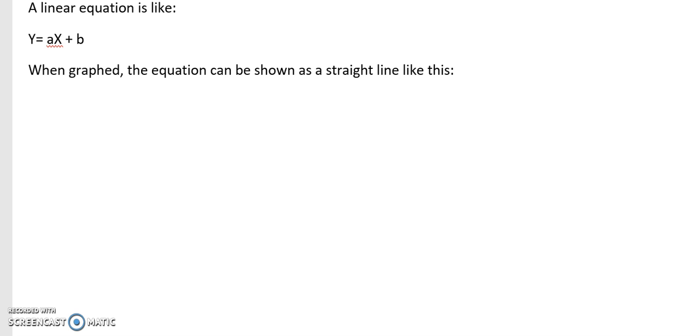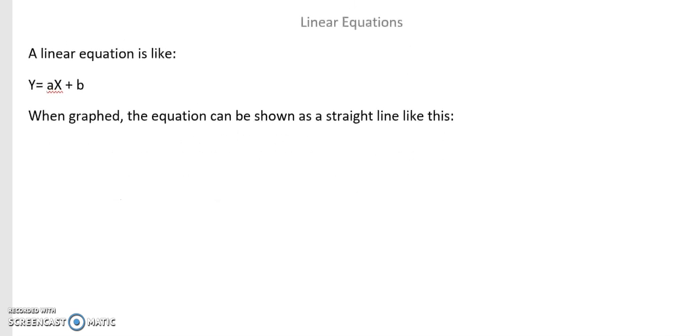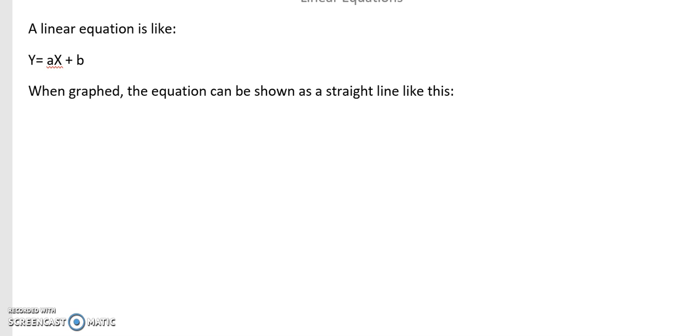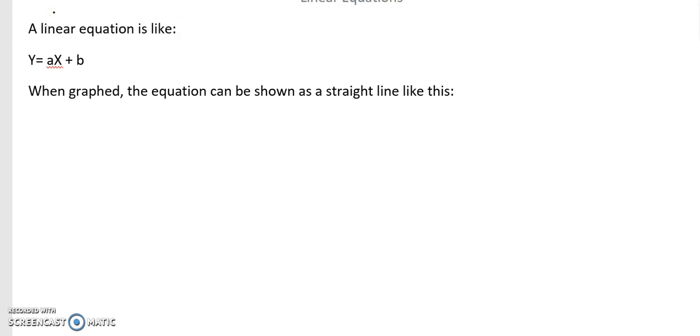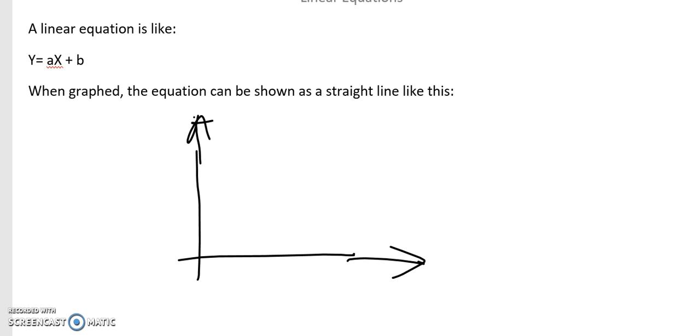Okay, so let's go with linear equations. What is a linear equation? The one that you see here, y is equal to ax plus b, is a linear equation. If you look at it from a graphical point of view, the graph will be like this, and we can say that the linear line is very linear, which is a straight line.